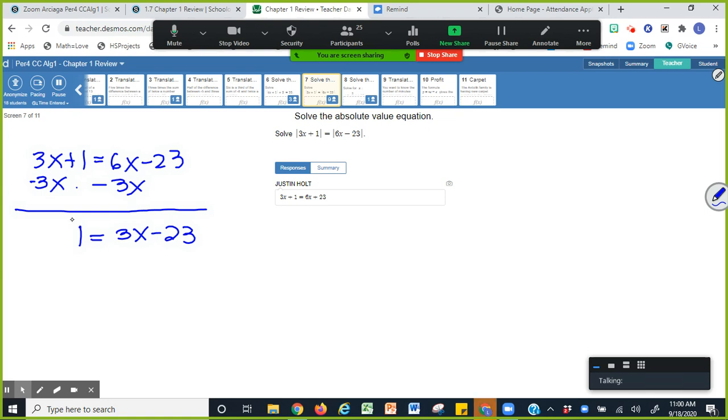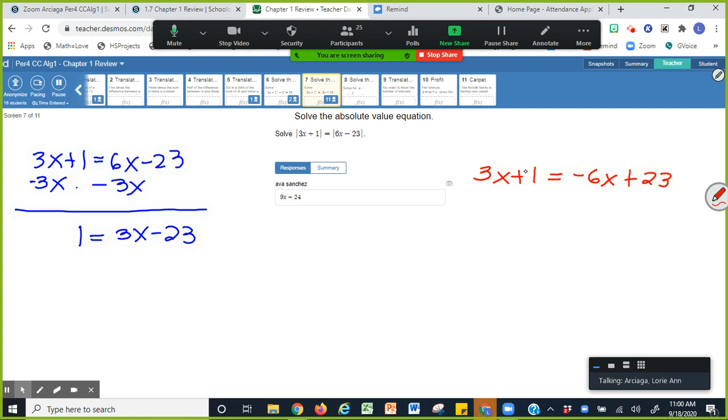Now the other one is: you keep one side, let's say 3x plus 1. Now change the other side. Let's say this is positive, now you make it negative. Then this is negative, now you make it positive. There you go, and you will end up with two solutions.